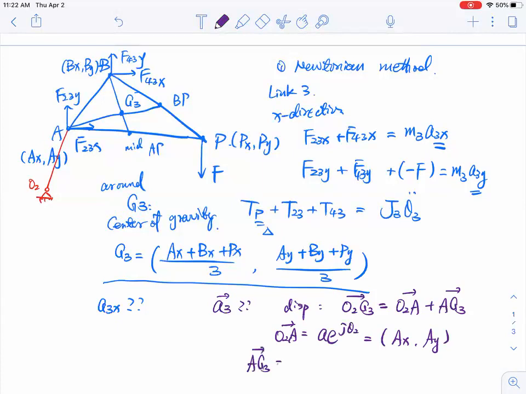So your AG3, by definition, if you know the coordinates of the two end points, can you find the vector connecting these two? Yep, so it's easily G3x minus Ax, G3y minus Ay. Make sense? It's just the difference between the two coordinates. So that's how you find your AG3. So in total, you can find your O2G3 vector.